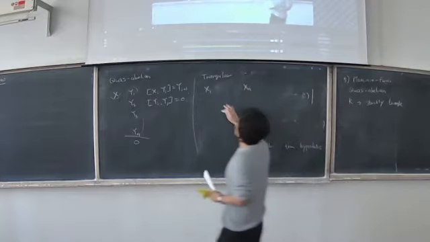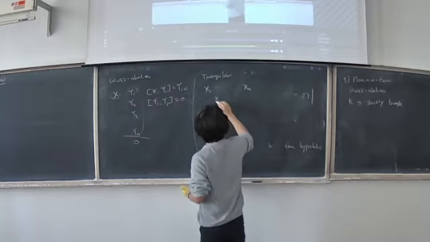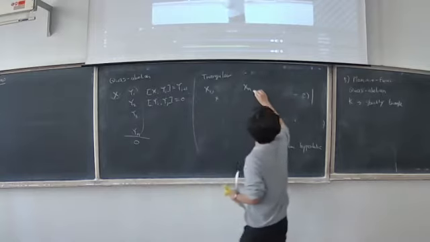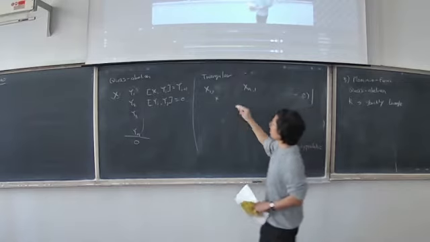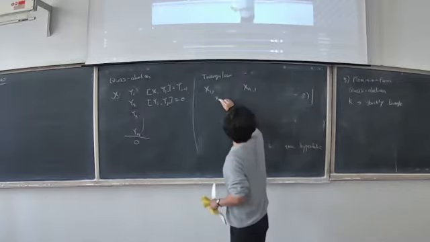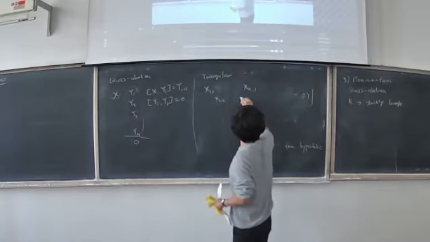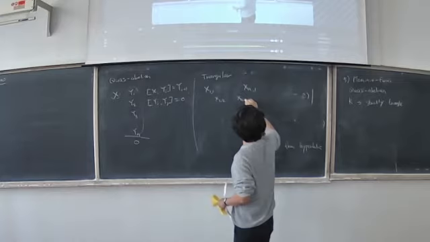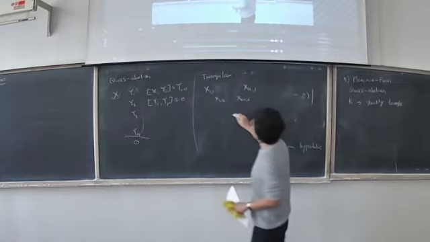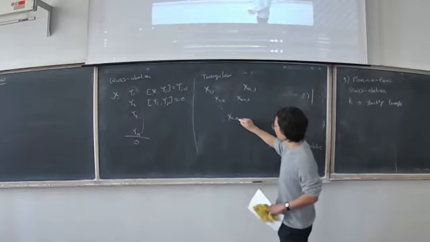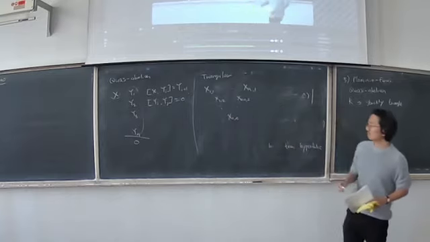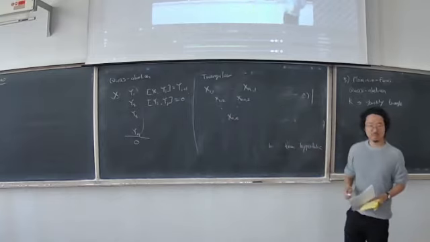And then by commutations, x1 and xn give some element, and by commutations it only gives just one element at the last stage.